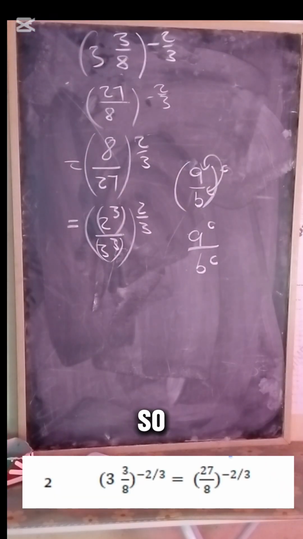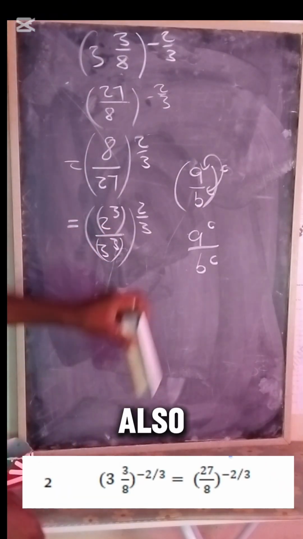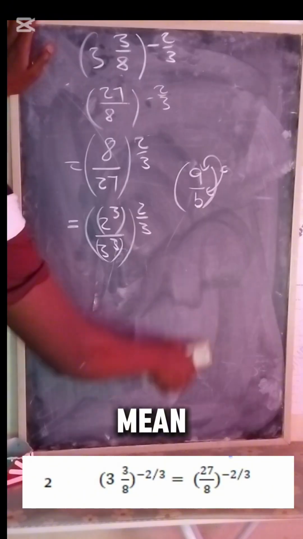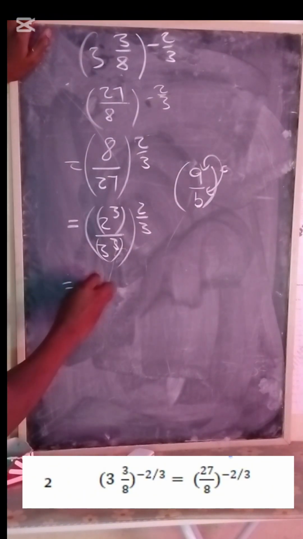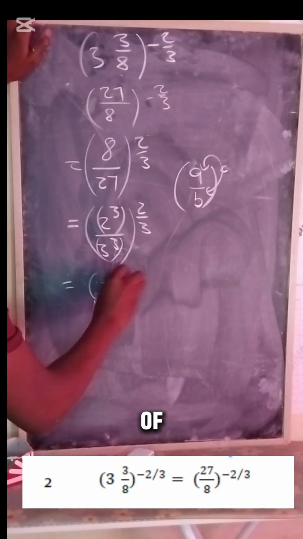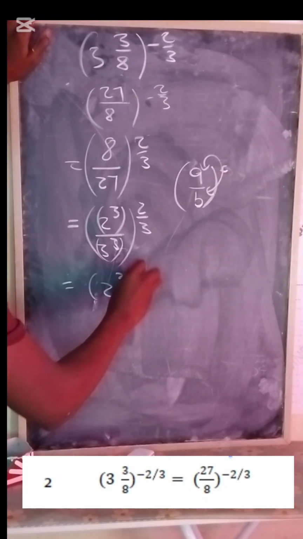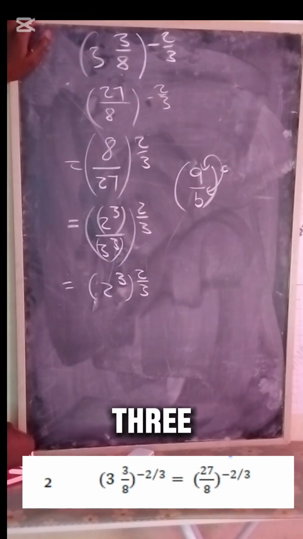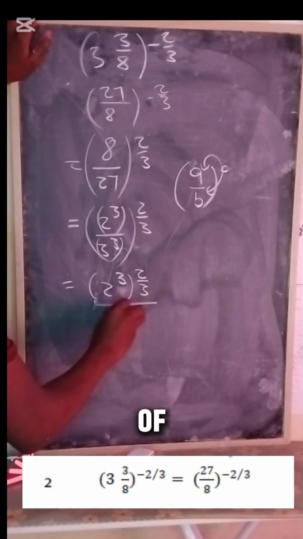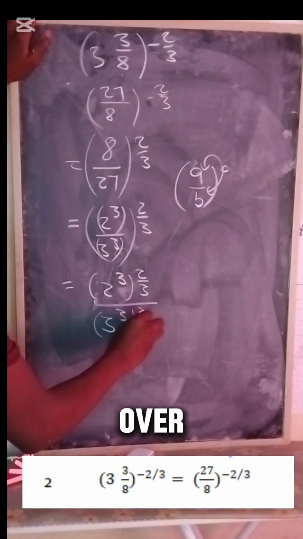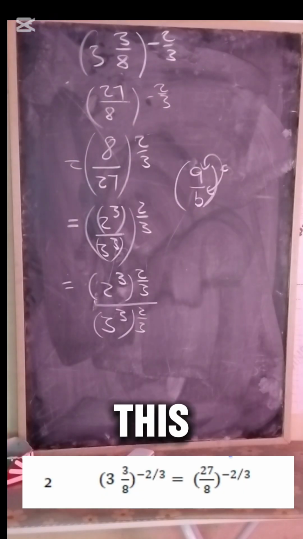So it applies here also. What do I mean? It's going to be 2 to the power of 3 times 2 over 3, over 3 to the power of 3 times 2 over 3.